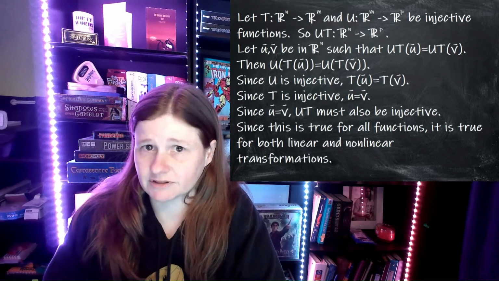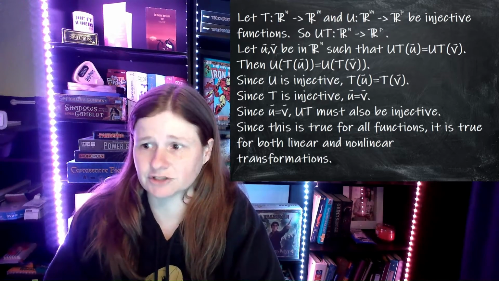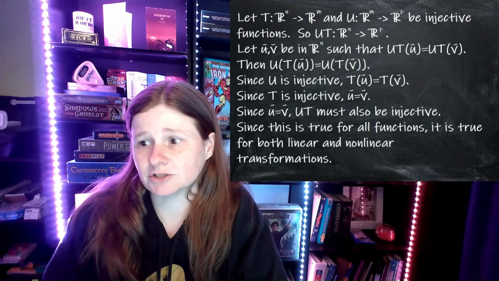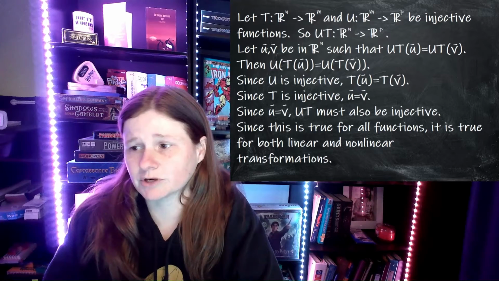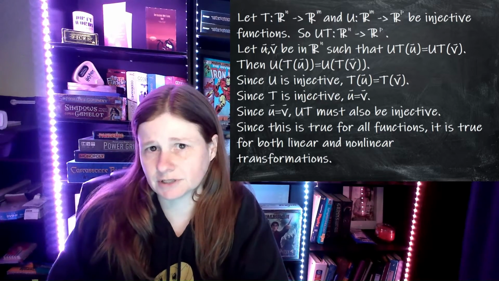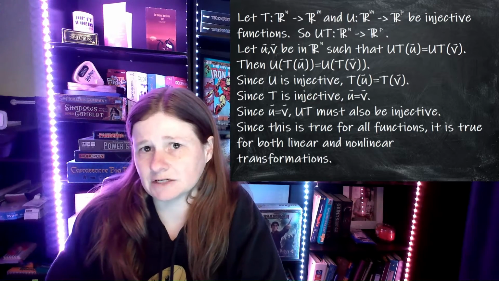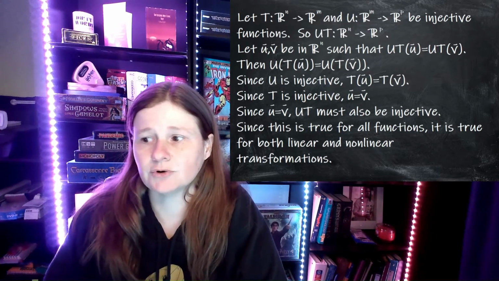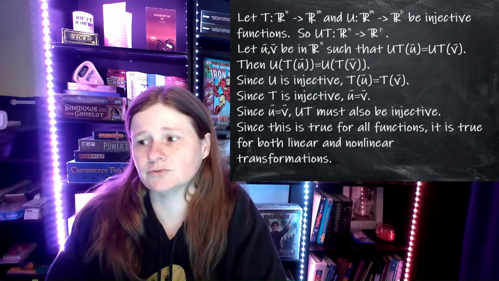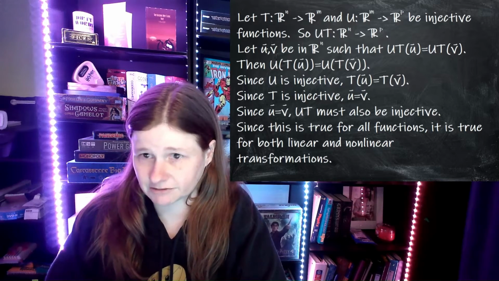And we are given that these are both injective linear transformations. So our composition U of T would go from Rn to Rp. Okay, so we're going to start with two vectors in our domain of Rn, and we're going to set U of T of u equal to U of T of v. That's because we're trying to prove that this is injective.